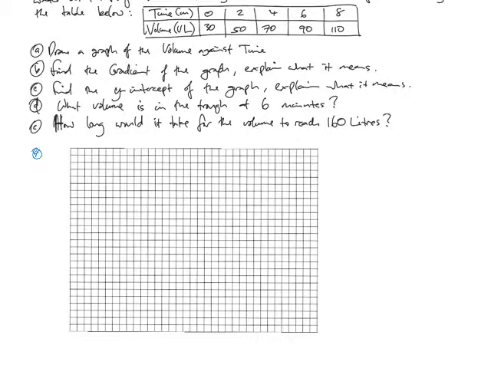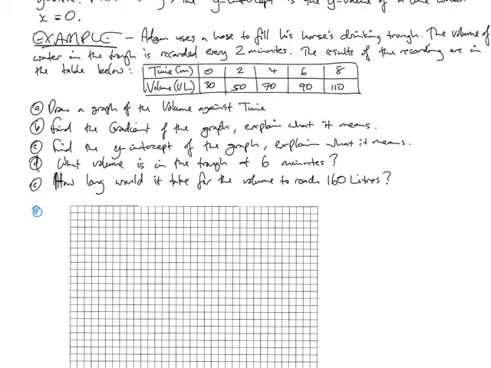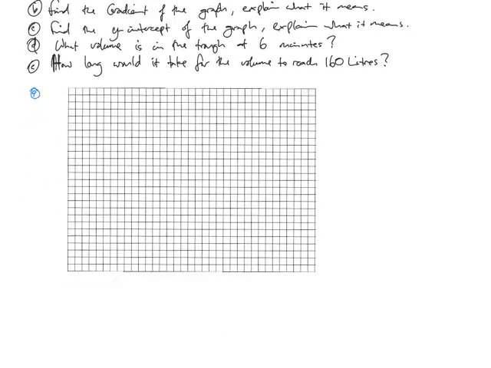So if you look at the question and work out what he's doing, he's filling up the trough over a period of time. So what he's changing is how long he's filled it for. In maths, marks are assigned to your axes and whether you've put them in right. So the independent variable here is going to be time in minutes, because that's what he's changing on purpose, how long he's filling it for.